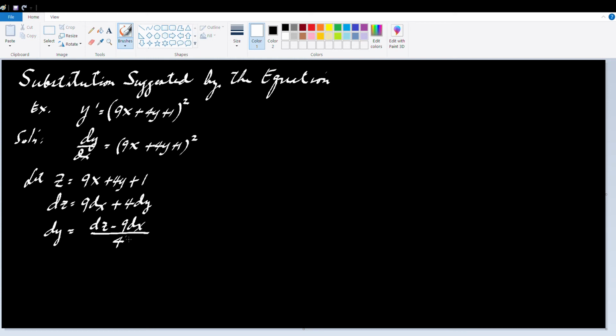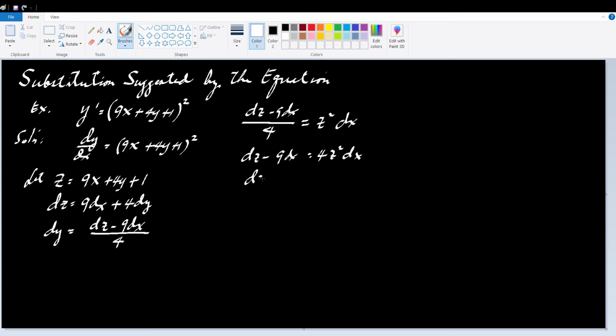So we make the following substitutions to our equation. dy becomes (dz minus 9dx) all over 4 equal to, let us cross multiply, z squared dx, or dz minus 9dx equal to 4z squared dx.